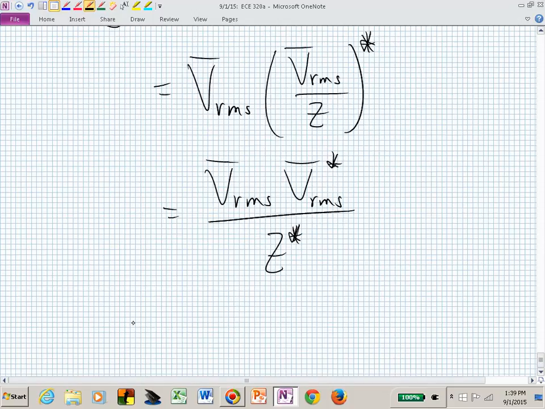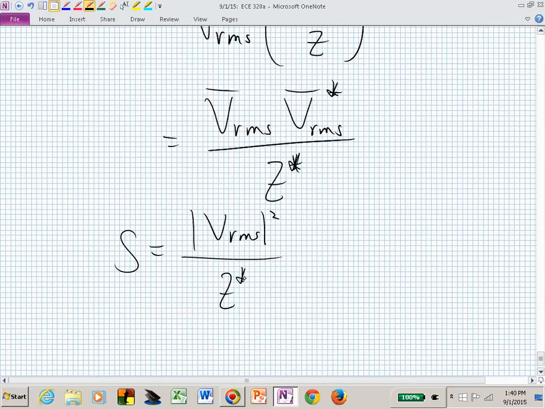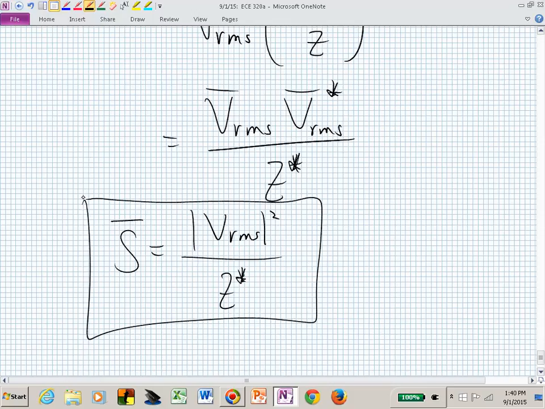And now we have S is equal to the square of the voltage divided by the complex conjugate of our impedance to obtain the voltage expression.